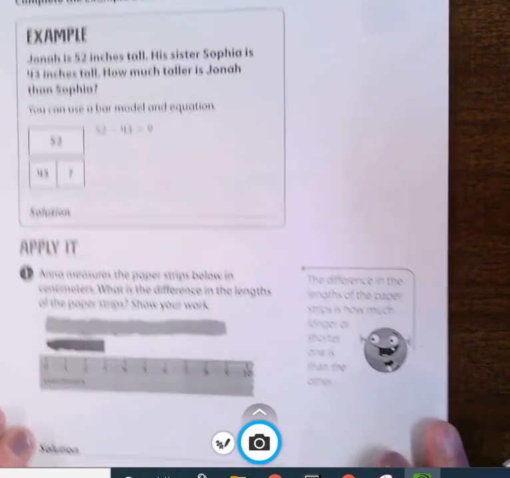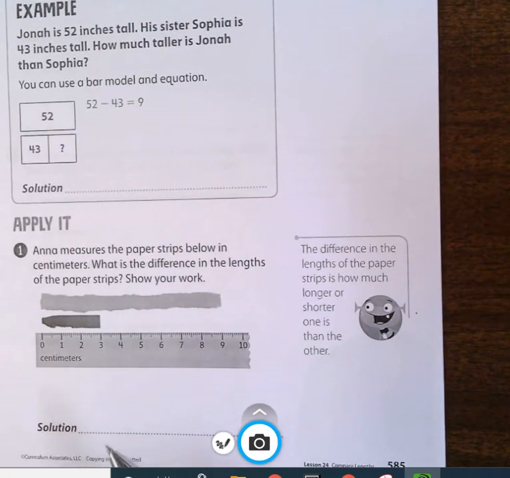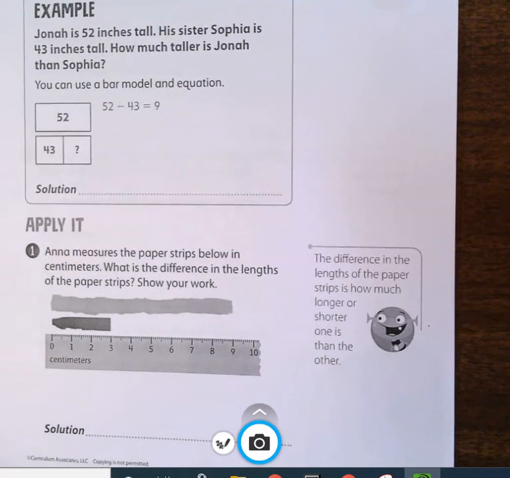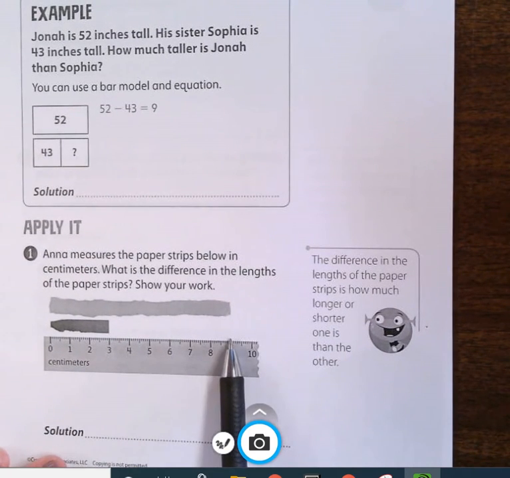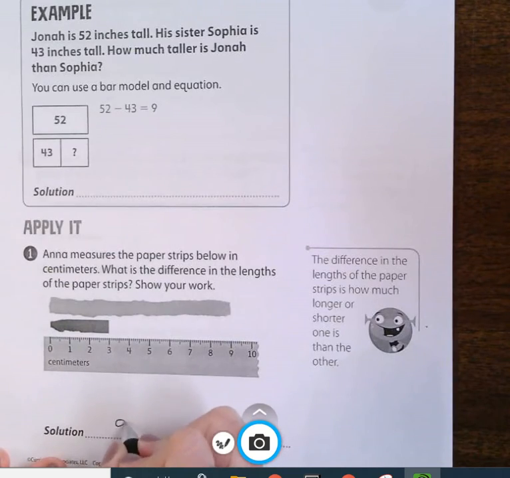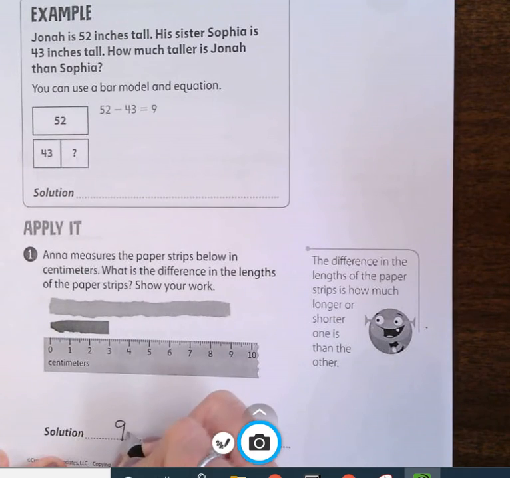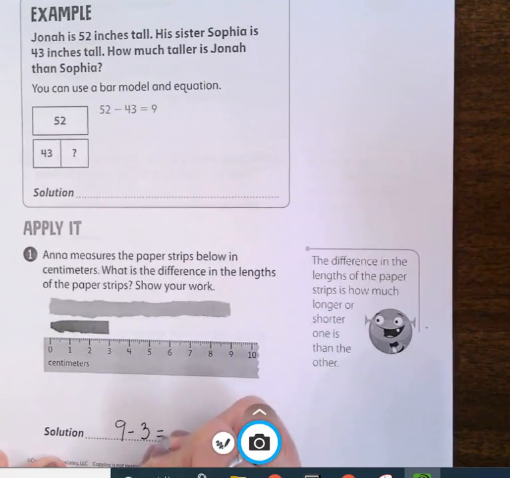That's the solution. Now, number 1, it says Anna measures the paper strips below in centimeters. What is the difference in the lengths of the paper strips? Show your work. Okay, so in centimeters, you can take 9, because that's how long this paper strip is, and you can minus the length of that, which is 3, and so that would be 6.